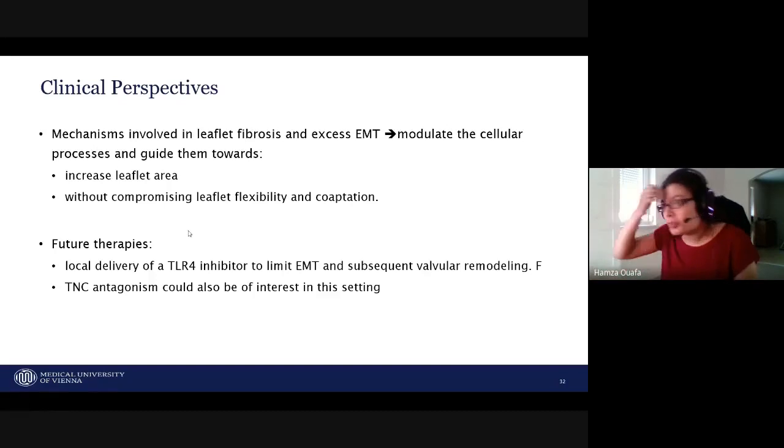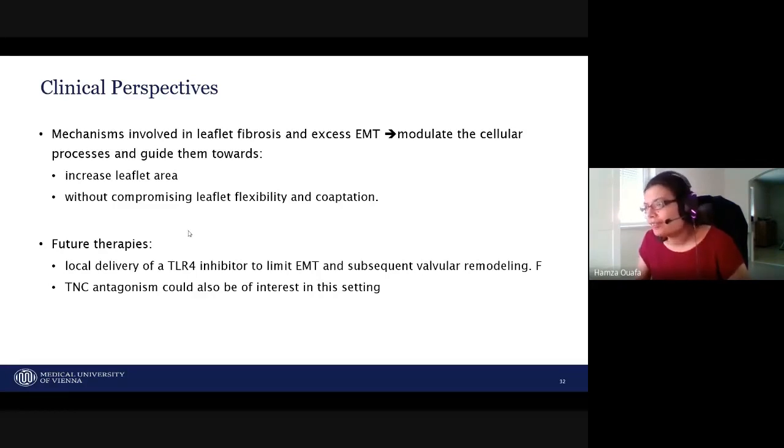So the clinical perspective of this work would be, of course, to try to direct and modulate the cellular process to guide them towards an increased leaflet area rather than having a thick and not that flexible leaflet, which of course goes to mitral regurgitation ultimately.